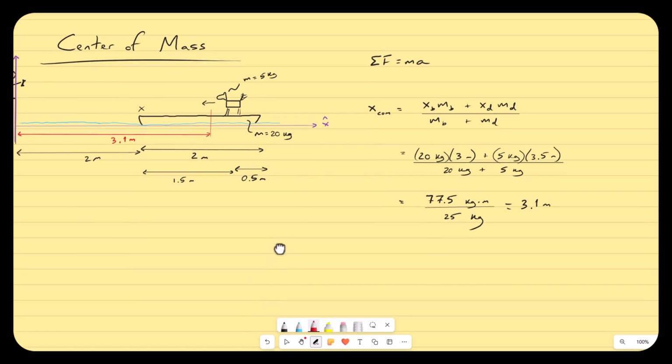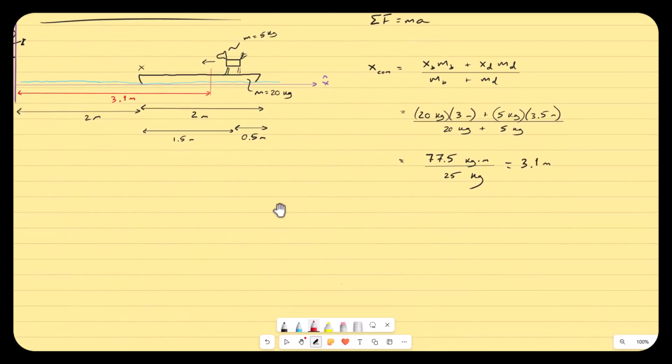Now let's look at what happens when the dog moves. So I'm going to slide this up a little bit, and I'm going to let the dog move. I still have my dock. Still have water. And now, my dog is going to have moved to the left side of the boat.